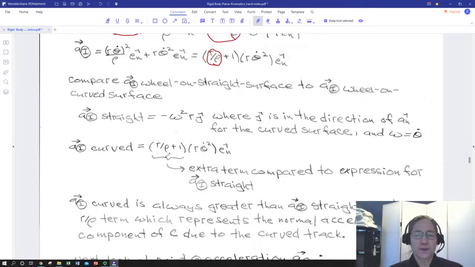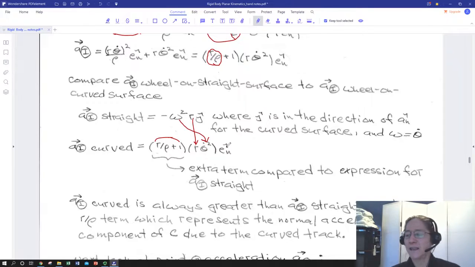So here's a comparison of the two. R is the same. The square of the angular velocity is the same, written a little bit different way. You've got 1 in one case, and you've got effectively R over rho plus 1. Why do we have a negative sign in one case and not the other?